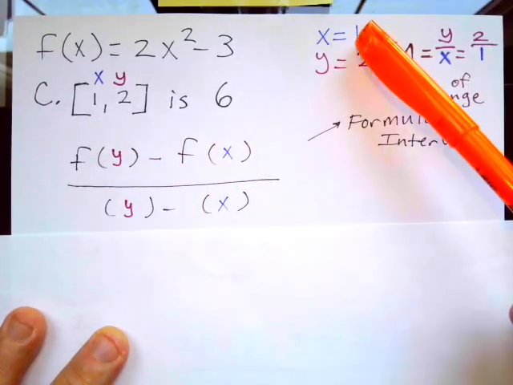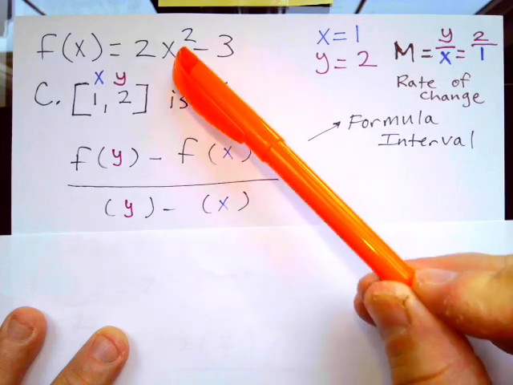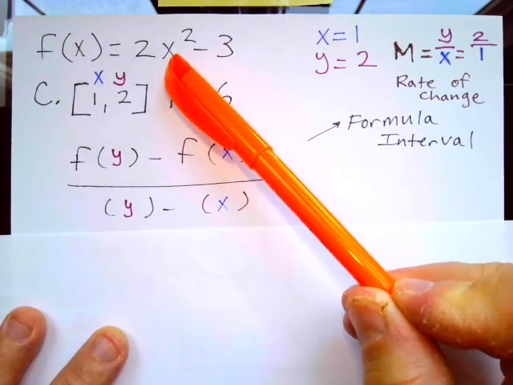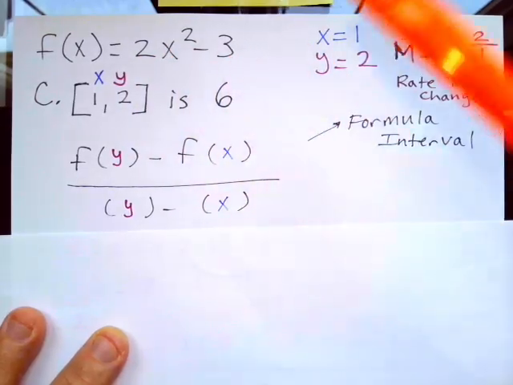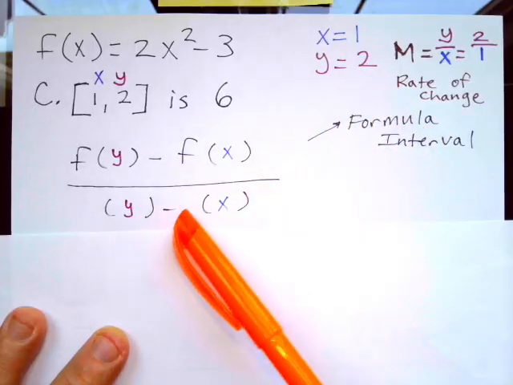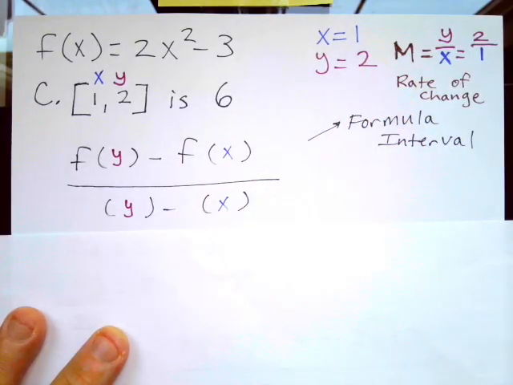You'll substitute 1 everywhere there's an x. 1 squared is 1 times 1. 2 times 1 is 2. 2 minus 3 is a negative 1. All divided by my y value, which is 2, minus my x value, which is 1.